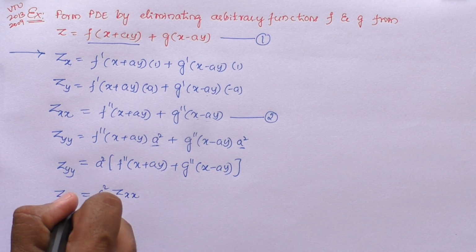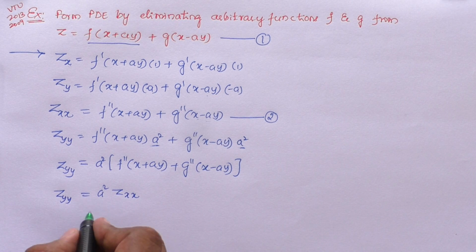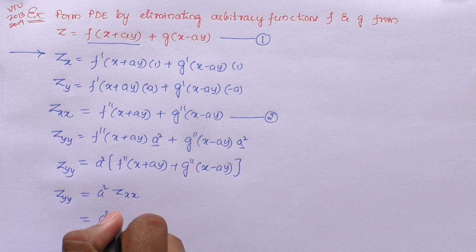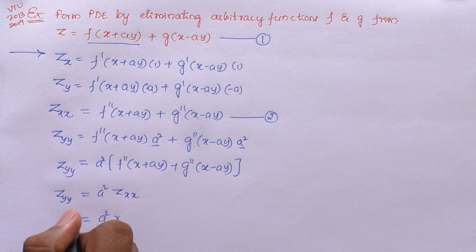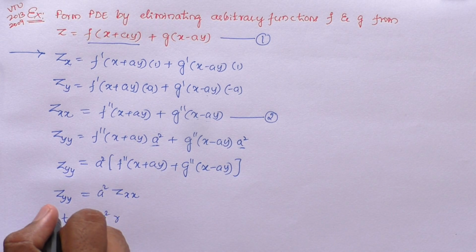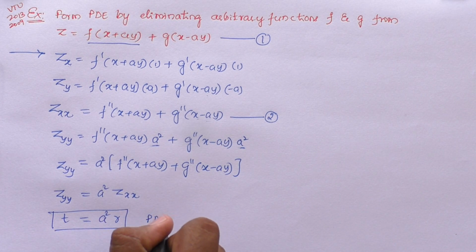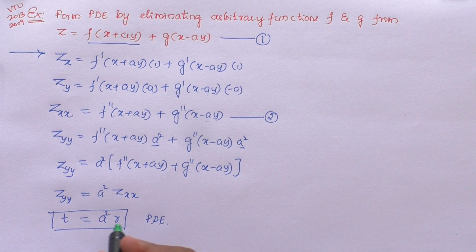We know the notations: zxx is r and zyy is t. So t equal to a square r is the required PDE, where there are no arbitrary functions f and g.